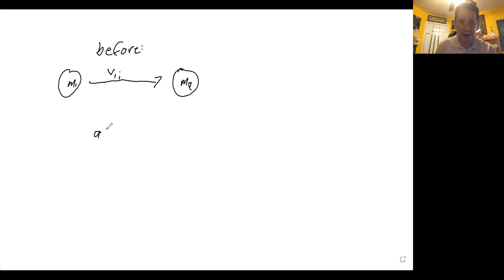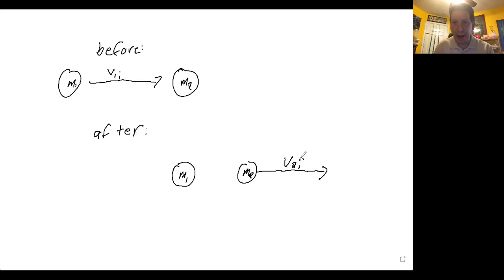And then after, we are told that m1 stays in place, and that the second pool ball then goes off at the velocity v2f. And we are given that they're identical, so that m1 is equal to m2.